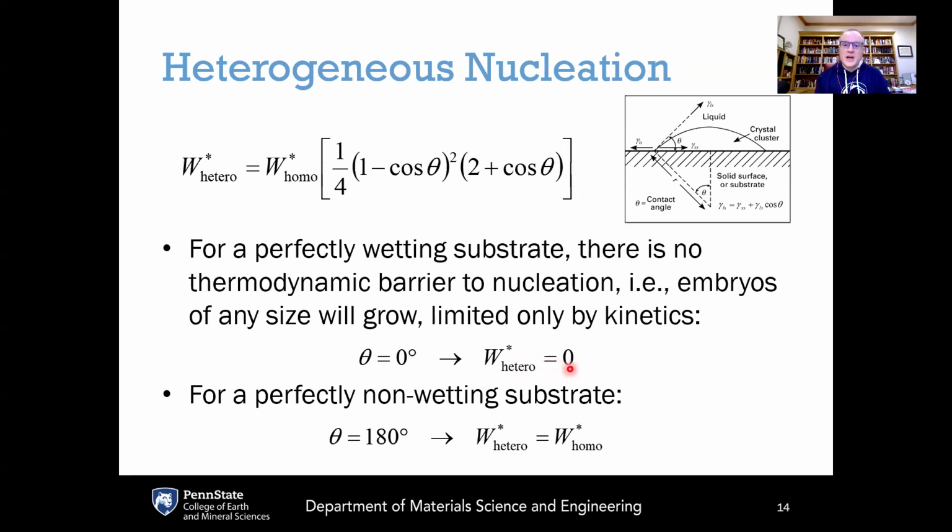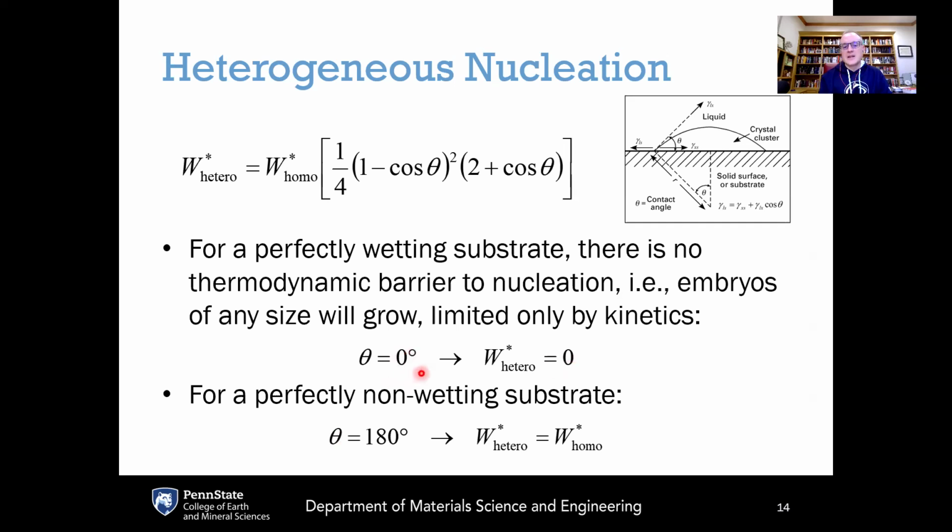Where this would happen is if you are trying to grow a crystal of a particular type, and you seed the system with exactly the same crystal of the same type, then you've eliminated the need to even form a nucleus because you've already seeded it with the crystal that you want to grow, which means that you've already gotten perfect alignment between the atoms that would form that nucleus and the atoms in the crystal, since they have exactly the same structure.